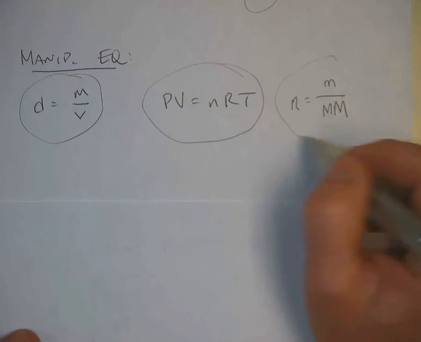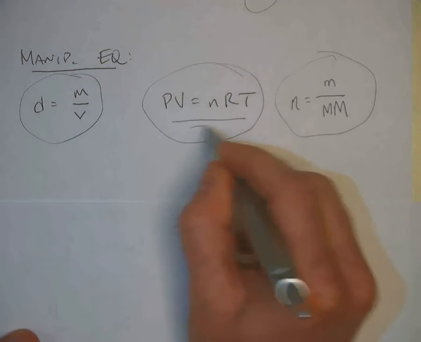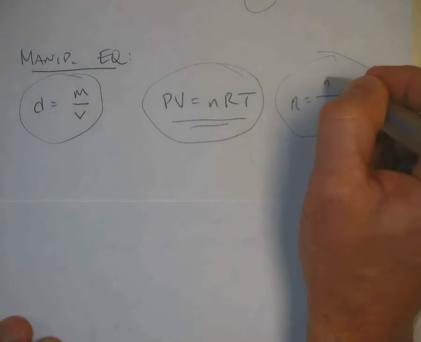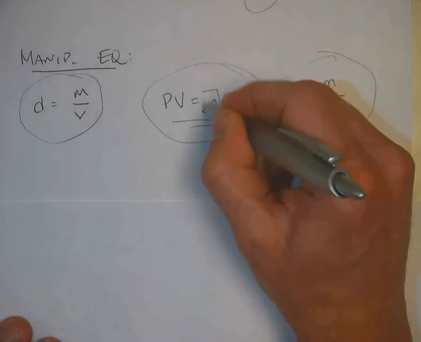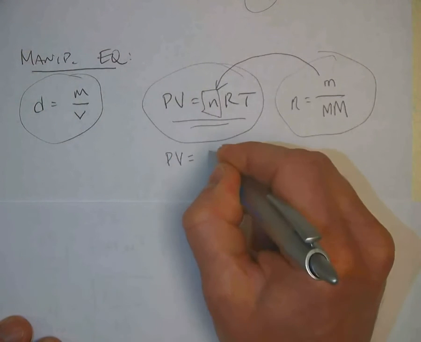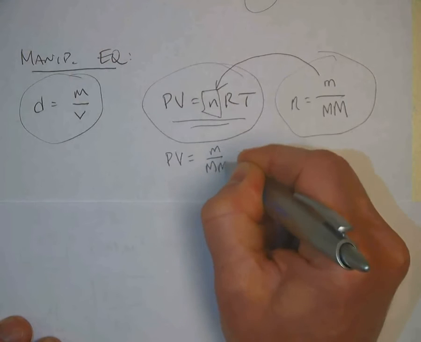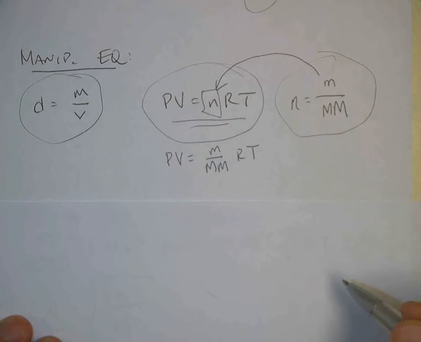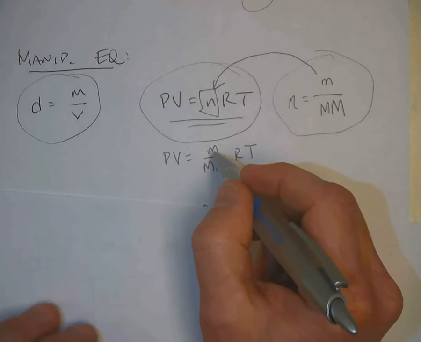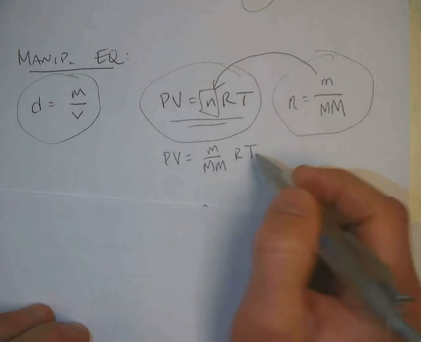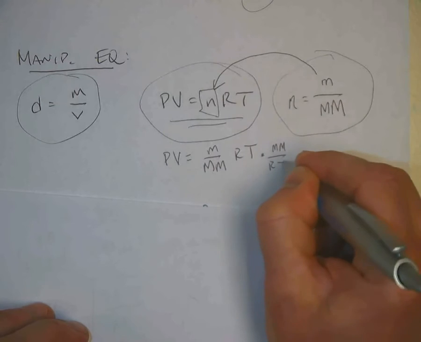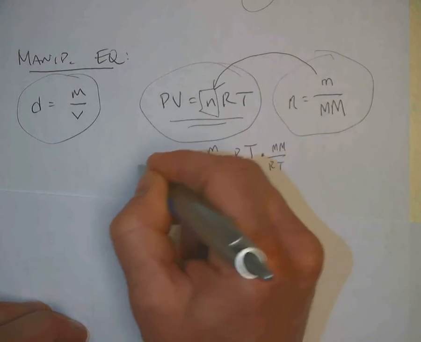Well, we can use these three equations to solve PV equals nRT for density. So in for n right here, I can put mass divided by molar mass. This now becomes P times V equals mass divided by molar mass times RT. Doing a little bit of manipulation and rearrangement, I'm going to multiply this side of the equation by MM divided by RT, which means I need to do the same thing to this side.